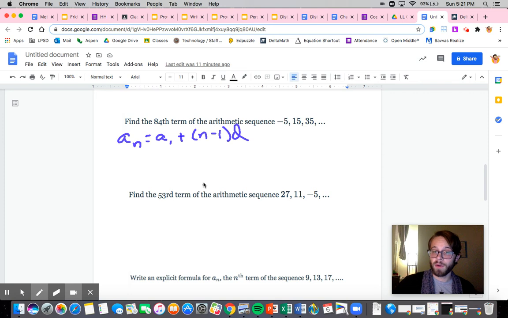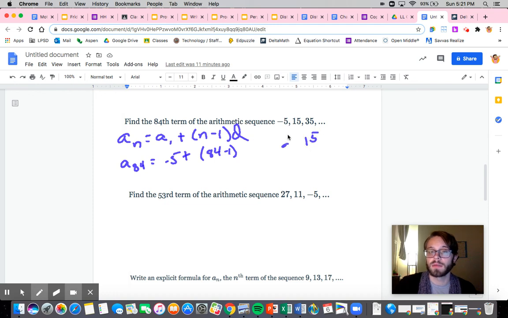So to find the 84th term, I'm just going to have to plug all of this in. I just need my first term, which I already know is -5. Now I just plug in 84. 84 minus 1 times the difference. Well, I need to find the difference.